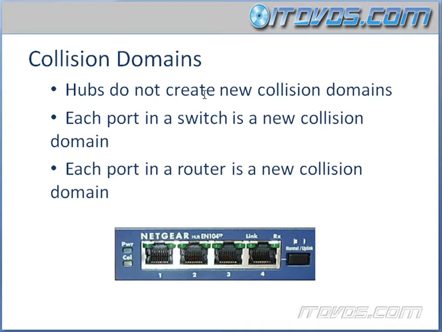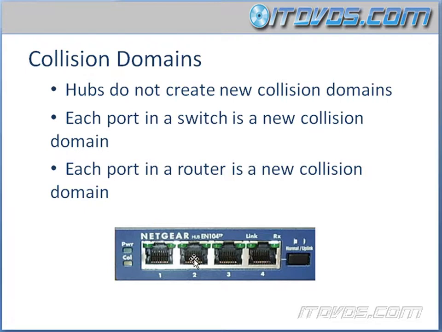And hubs do not create new collision domains, so they don't break up collision domains. And this is why we don't use hubs anymore, because if we have a lot of hosts plugged into our hub, then there's a good chance we're going to have a lot of collisions, and those collisions are going to slow down our network. Now, a long time ago when we used to use hubs, we could use bridges to help with the collision problem.